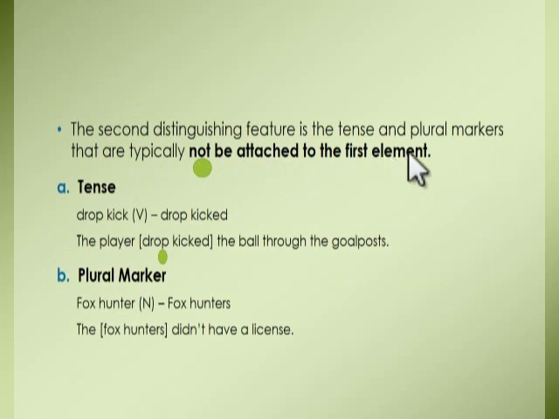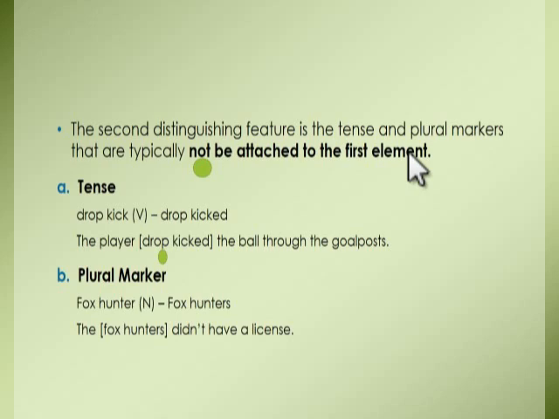Okay, when you want to change, because some compounds have the lexical category of verb and others have the lexical category of noun, it is possible to change them in terms of tense and plural marker.